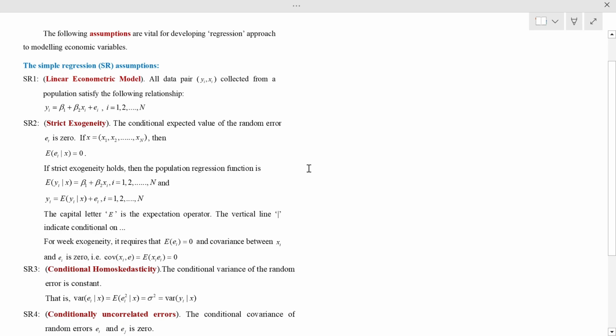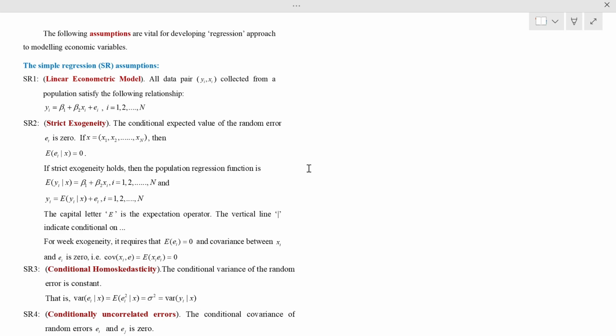So we have specified a linear econometric model, gotten the data, and run the ordinary least squares estimation. We estimate the parameters beta 1, beta 2. Now the question: do we get things right?